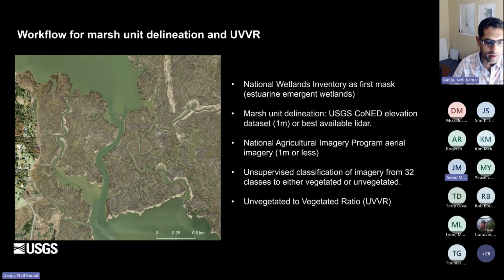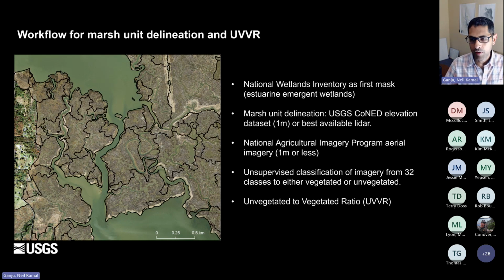So after we did that paper, we thought to ourselves, okay, we've established this concept. Now, wouldn't it be nice to map this across the country and specifically the Northeast? So this is the process that we've used to build this UVVR concept across marsh units of all the Northeast in our current work. We take the NWI as the first mask, using the estuarine emergent wetland class, basically just to identify broadly all the wetlands we care about.